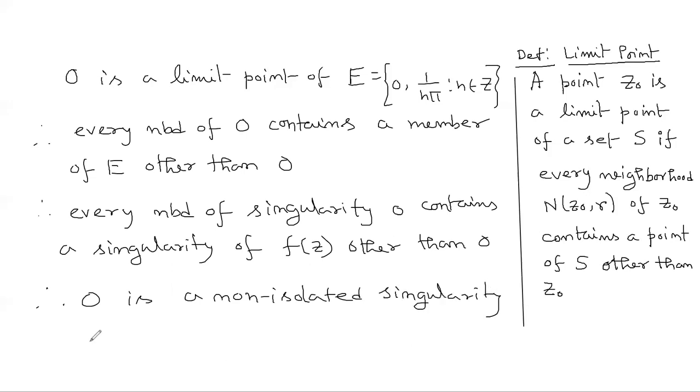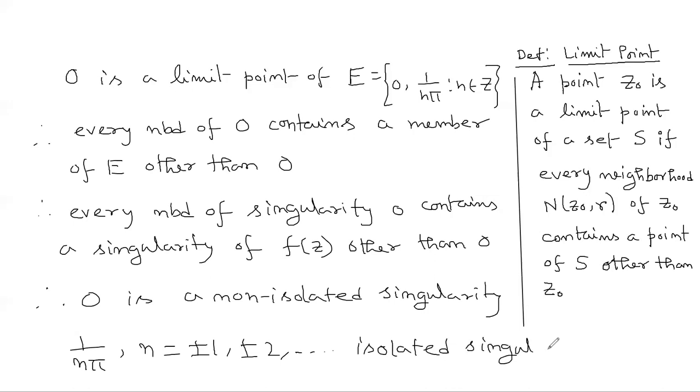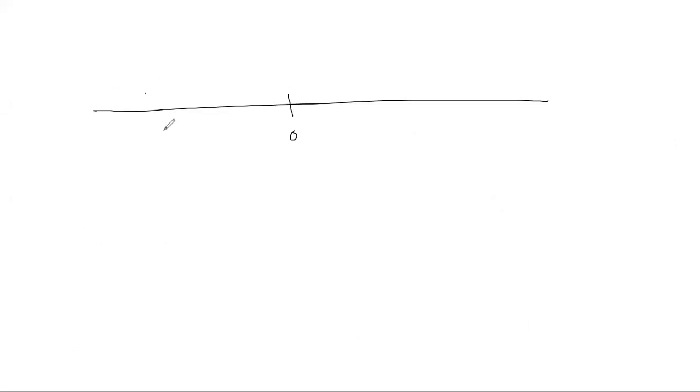But 1 by n pi for n equal to plus minus 1, plus minus 2, etc., are all isolated singularities. Because the singularities 1 by pi, minus 1 by pi, 1 by 2 pi, minus 1 by 2 pi, and so on are the singularities.